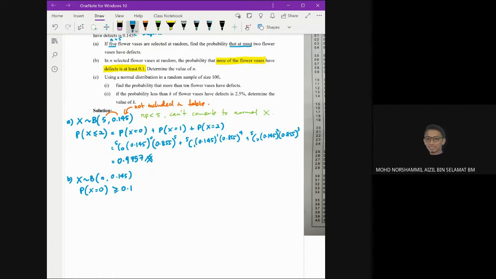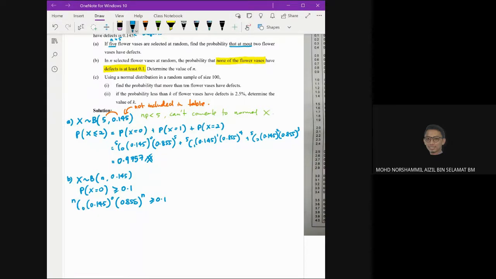Alright. So once we get the mathematical writing, we can convert by using the formula X equals to 0, kita boleh pakai formula terus. nC0, 0.145 power of 0 times 0.855 power of n greater than or equals to 0.1. Is it okay? Boleh tak?